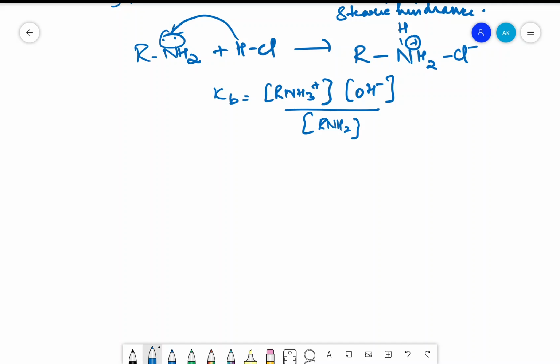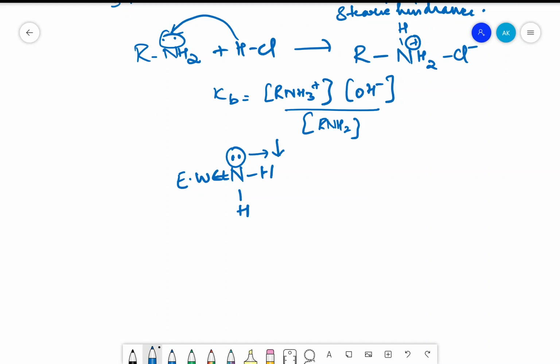So the basic simple analogy to that is whenever you have an electron withdrawing group attached to amine, it tries to pull electrons towards it, which leads to decrease in the electron density.